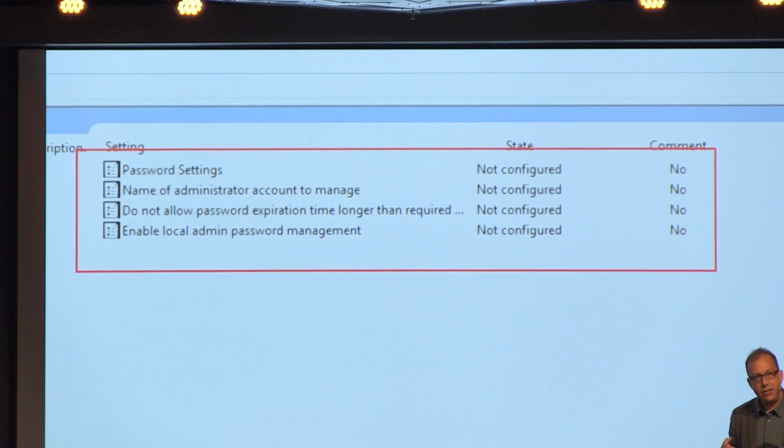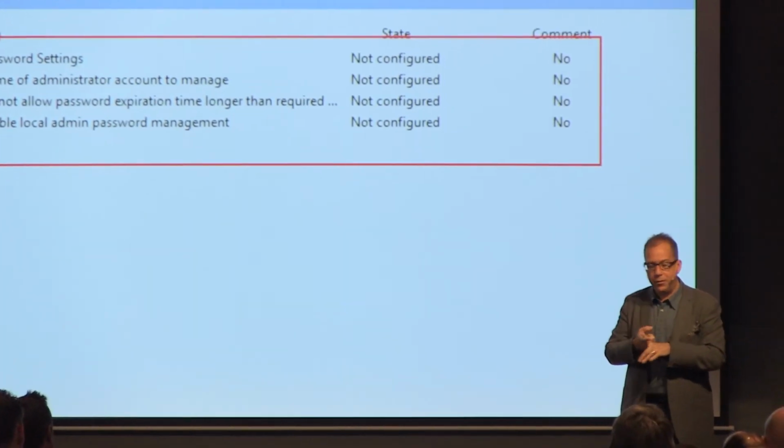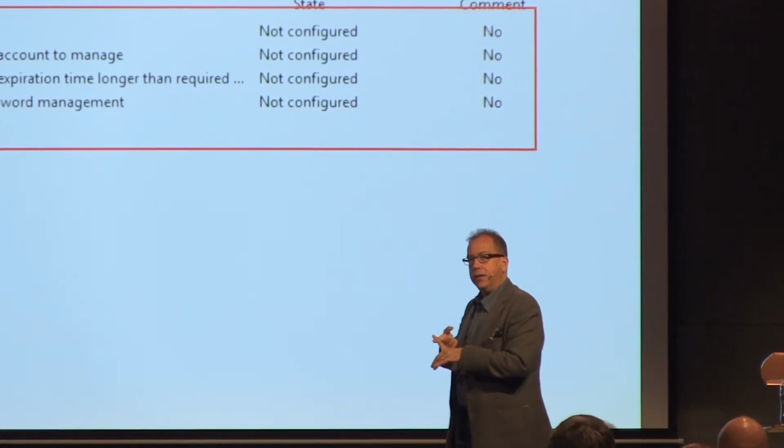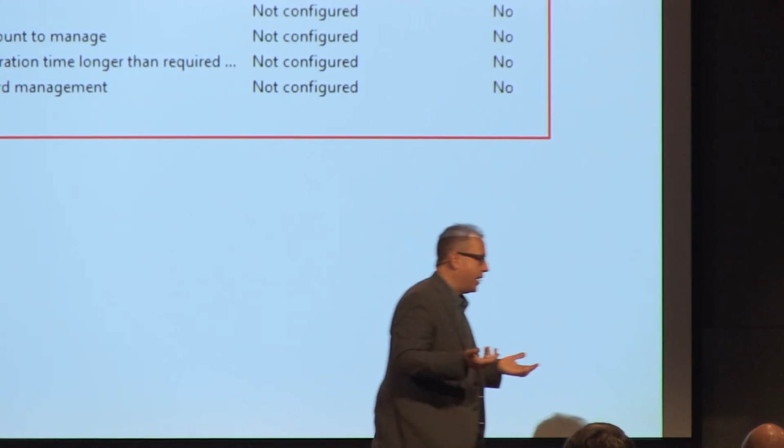You have an agent that runs on every single desktop. And what the agent will do is generate, for the well-known administrator account, whether you've renamed it or not, it uses the well-known SID, the 500 RID account, and automatically generates a unique password for it. And you can put in password complexity.